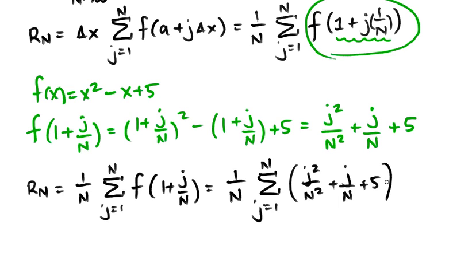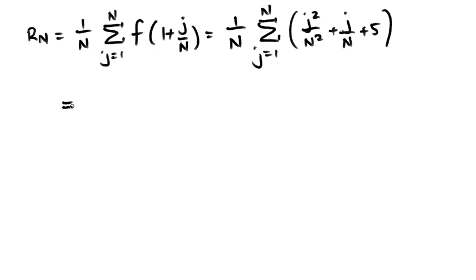Now, sigma notation works a lot like the integrals do, where you can actually factor out constants, you can factor out numbers, and you can apply the sigma notation to each part of the question.